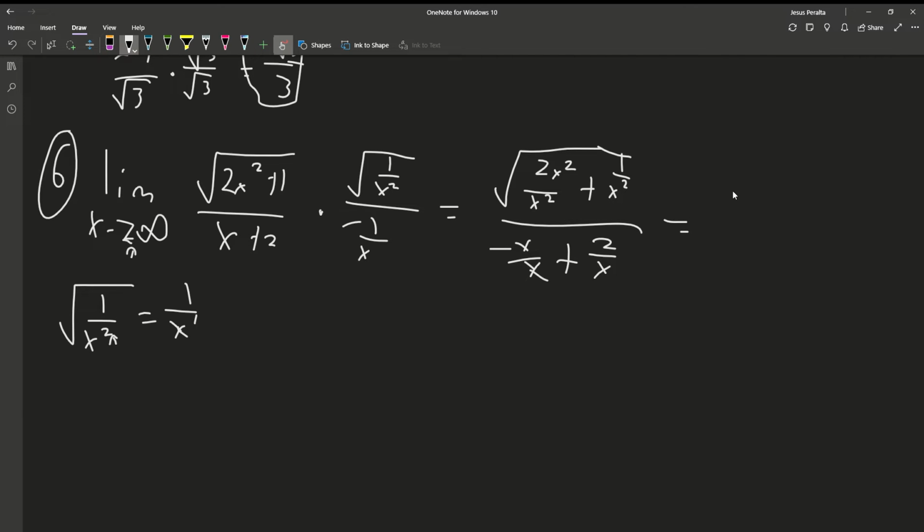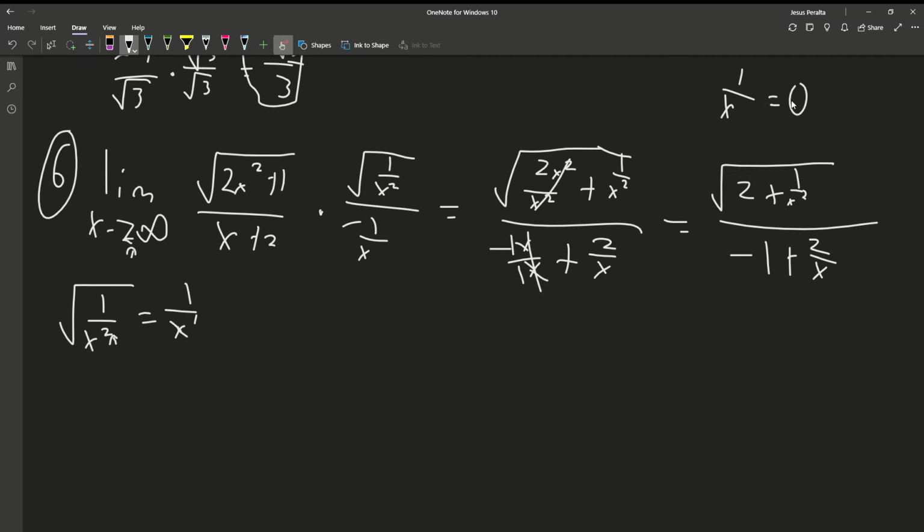So we know that these two cross out, and it's going to be square root of 2 plus 1 over x squared over negative 1 plus 2 over x. So it's basically 1 right here. They cross out, it's going to be negative 1 over 1. Now we know that when we have an x in the denominator, it's going to be equal to 0. So this counts as 0, this counts as 0. So then we're going to have square root of 2 over negative 1.